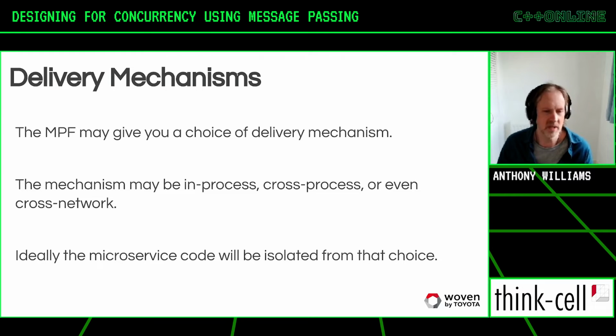And so at some point, yes, you're going to have some configuration, whether it's configuration in code or in a config file, that tells the framework what delivery mechanism to use. But that can then be quite isolated and high level and separated from the code that's actually sending or receiving the messages.